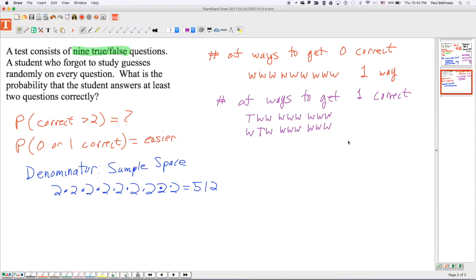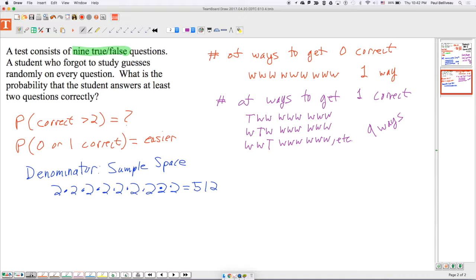And then put the next 7 down as wrong answers. If we were in control, we could choose to get the third one correct, etc. There are a total of 9 places to put your 1 correct answer, which means there are 9 ways you can get 1 correct answer.